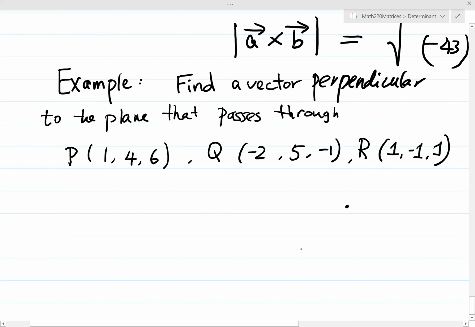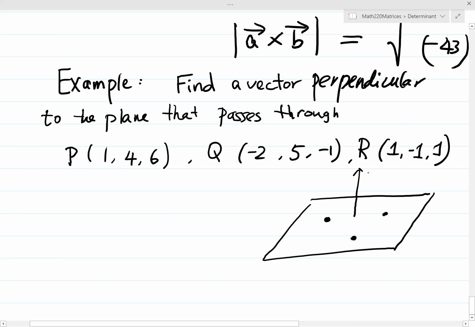You have 3 points P, Q, R, and we want a vector N that is perpendicular to the plane determined by P, Q, R.